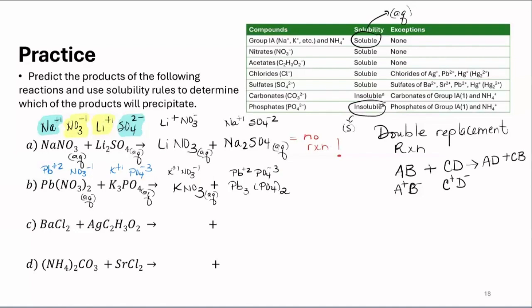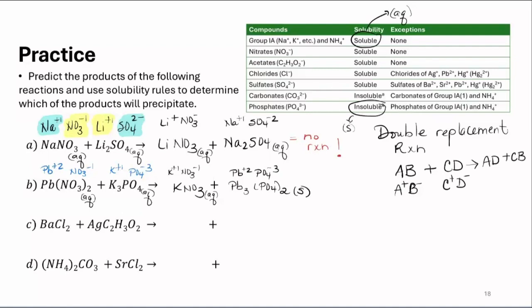When we have lead-2 phosphate, as we can observe, phosphates tend to be insoluble. And since in this chemical formula, we don't have a phosphate actually paired with anybody from 1A or ammonium, in this reaction, we actually have the formation of a precipitate. So since lead-2 phosphate is insoluble, we're going to put an S for solid in this reaction.